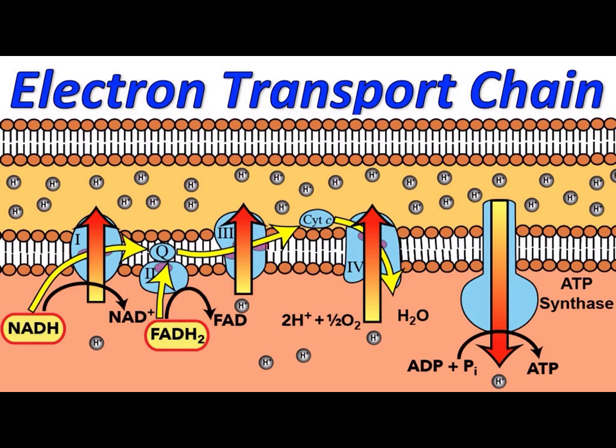Hydrogen ions then flow from the intermembrane space into the matrix. The flow of hydrogen ions provides energy to make a bond between ADP and inorganic phosphate. This is how ATP is made via oxidative phosphorylation, indirect formation of ATP through oxidation.